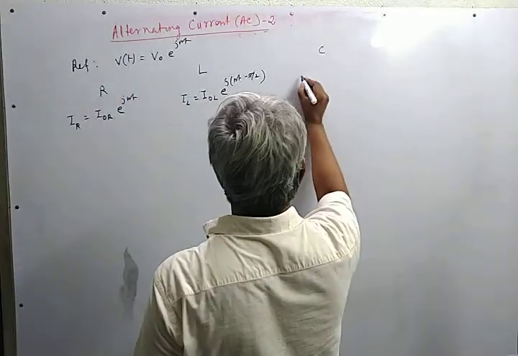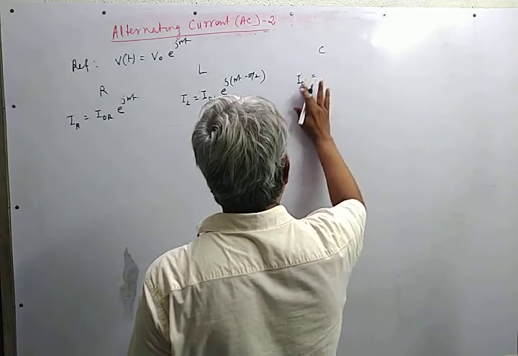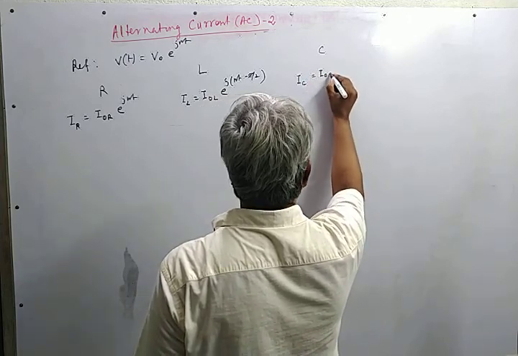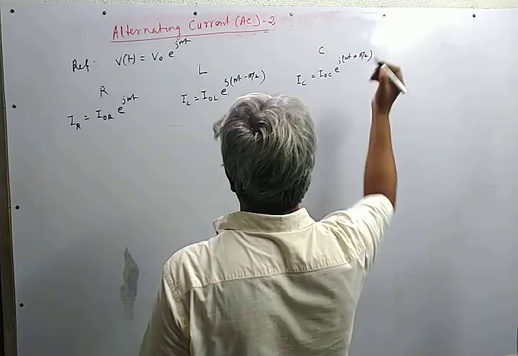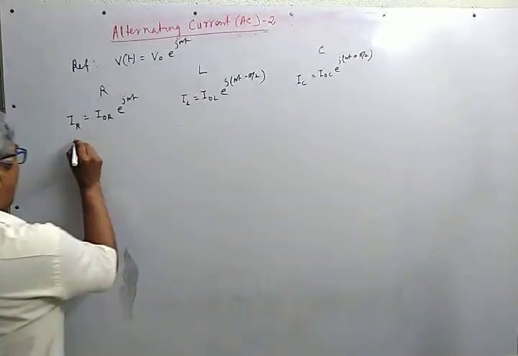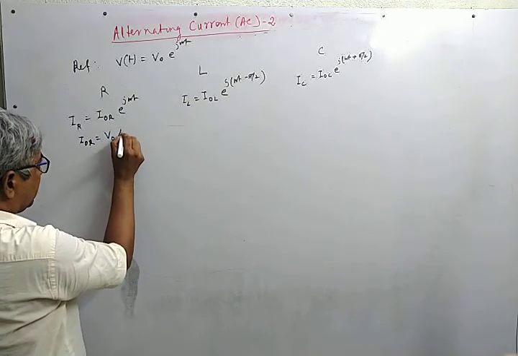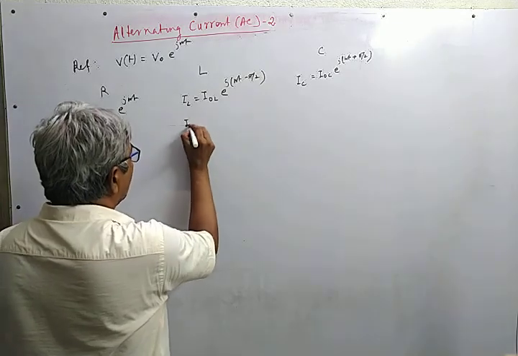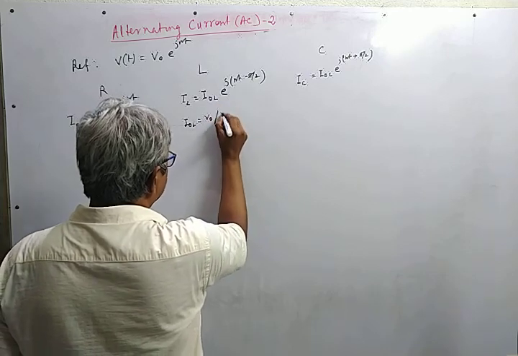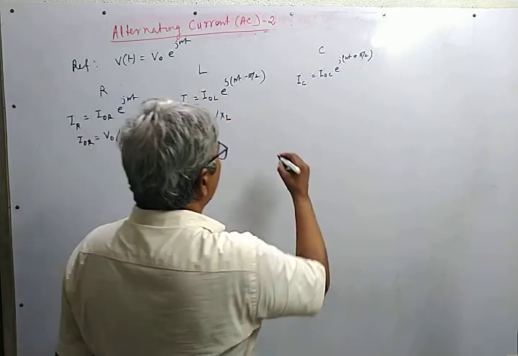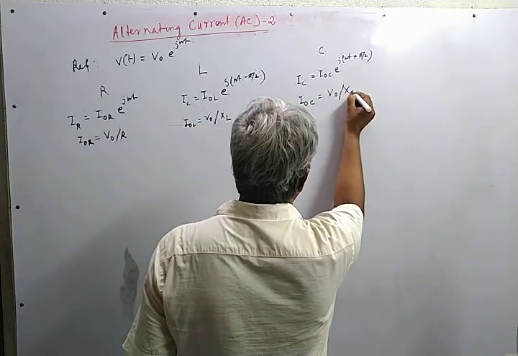For C it is IC equal to I0C e to the power j omega t plus pi by 2, where I0R is equal to V0 by R, I0L is equal to V0 by XL, and I0C is equal to V0 by XC.